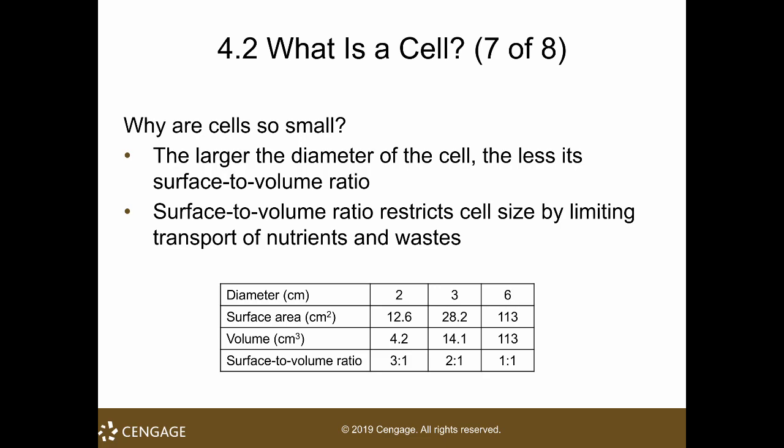There will be difficulties in the transport of materials in the interior of the cell. So that is why cells are small. So they want to have as much surface area as they can compared to their volume.